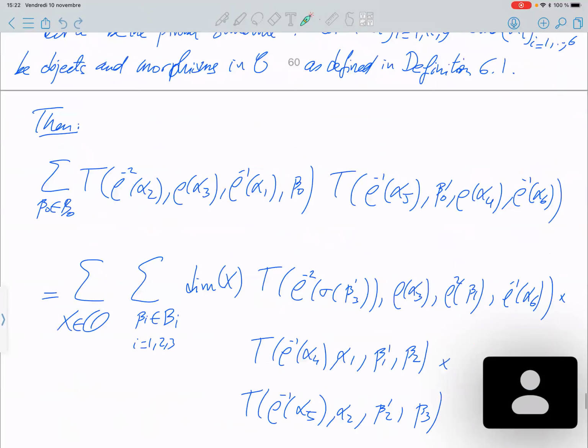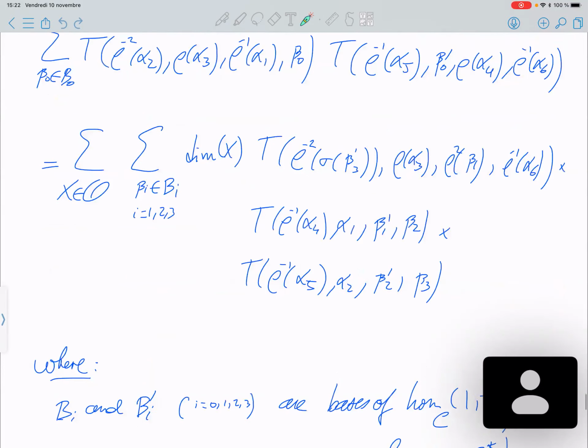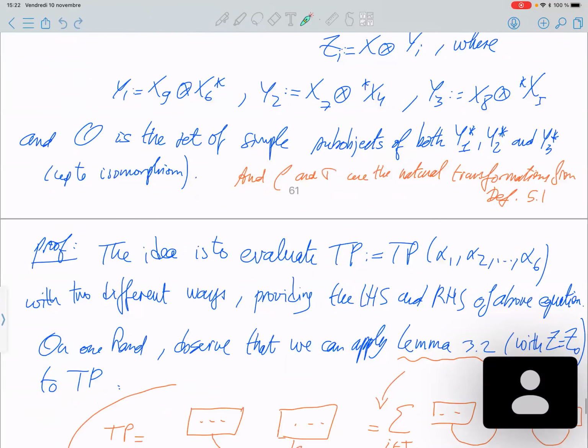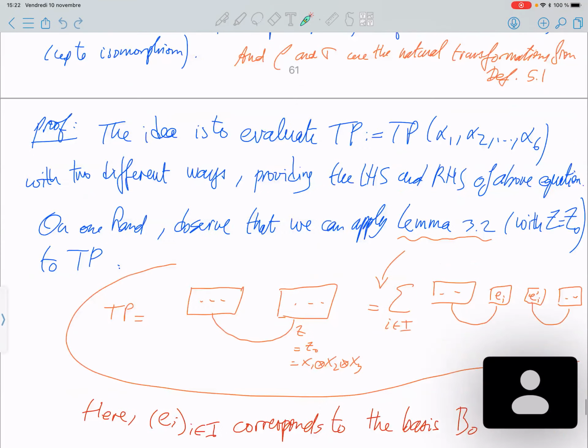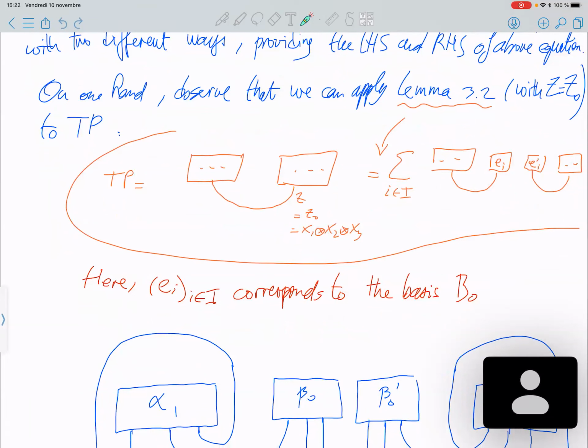So we proved yesterday the left-hand side. So we have the monoidal triangular prism evaluated in two ways. The left-hand side only involves the use of lemma 3.2.